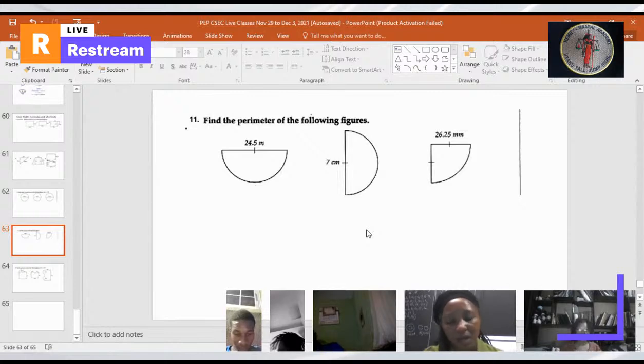What are you guys doing? All right, listen. Let's go from scratch again. Okay, so the circumference is 2 times the radius times pi, right? What's the radius? The circumference is 2 pi r.